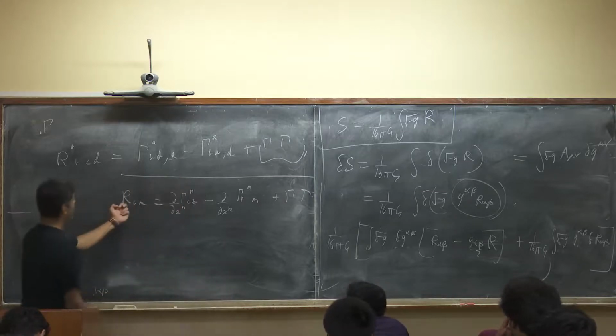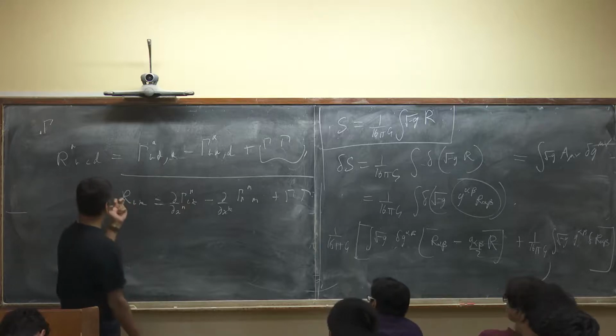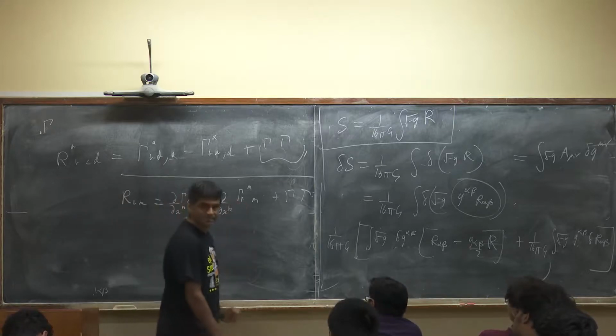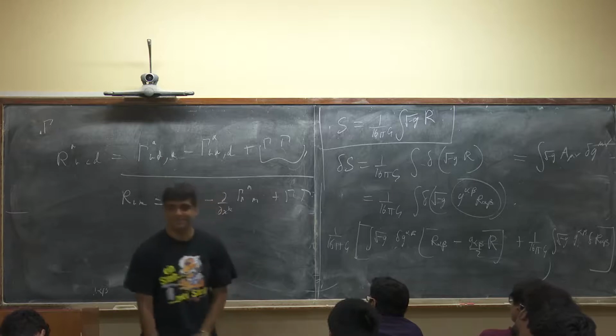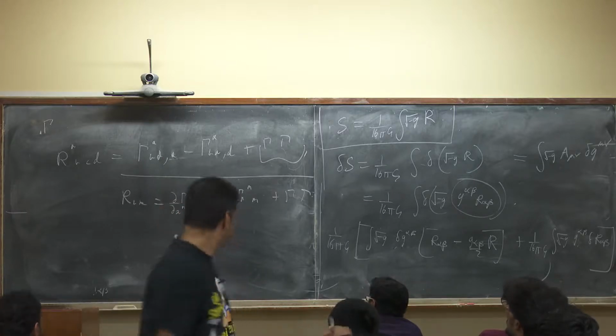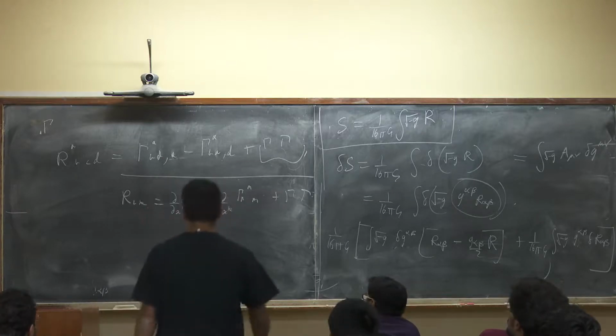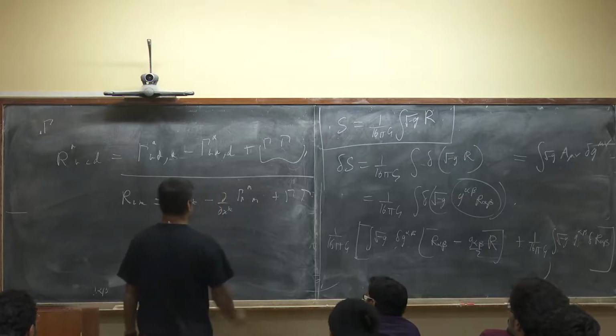Excellent. So now if I take the variation of this R, I just have to take the variations of these gammas. There should be an I in the second term.